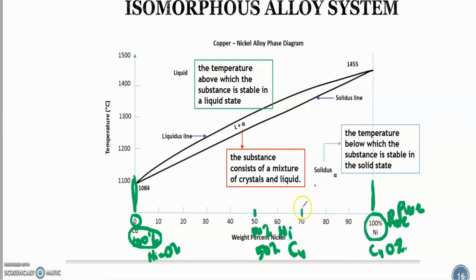Okay, kat sini menunjukkan 70% nickel, and balance 30% adalah copper. Dia mesti jumlah keseluruhan dia adalah 100%. Dia tak boleh lebih daripada 100. Dia mesti 100, sebab kita kira dalam peratus.